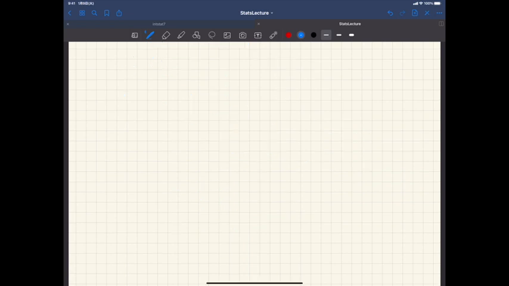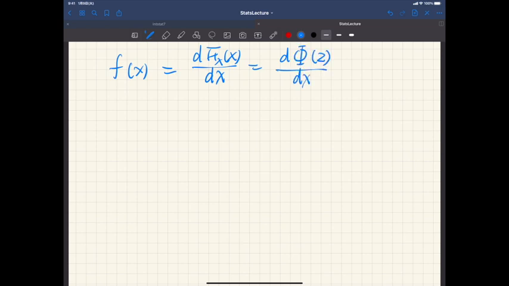Now let's differentiate the cumulative distribution function. This cumulative distribution function for x is equal to the cumulative distribution function for z. And we apply the chain rule.